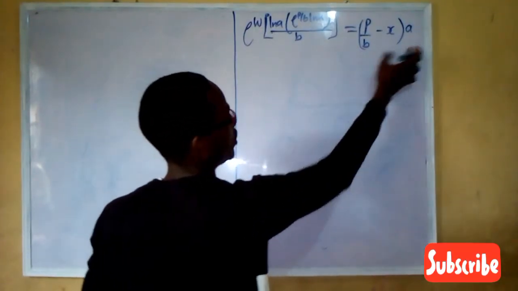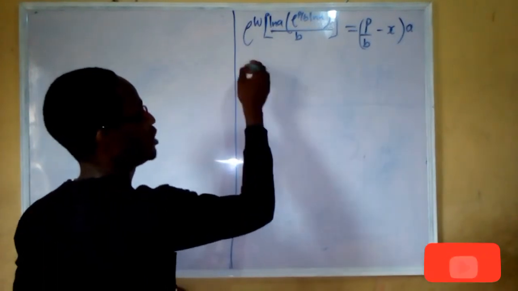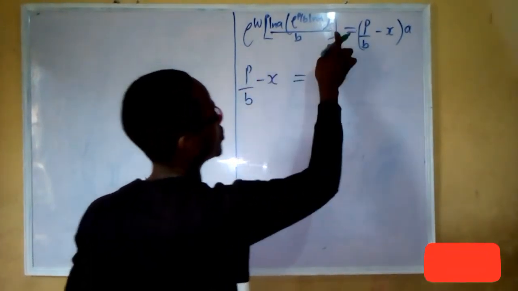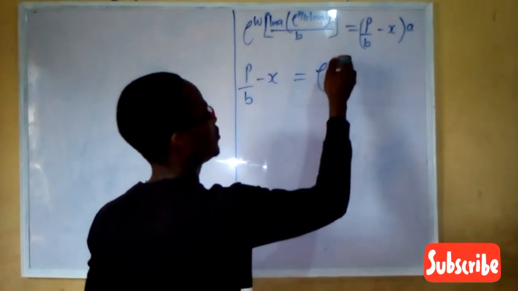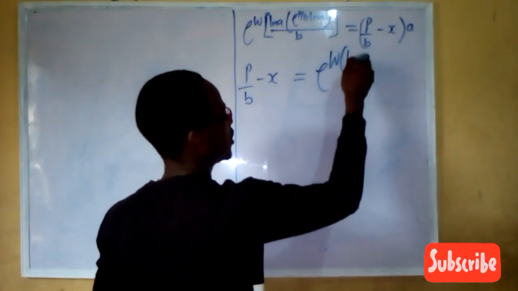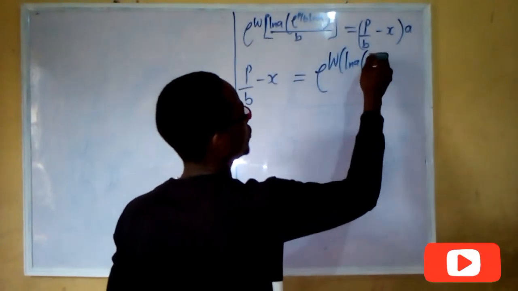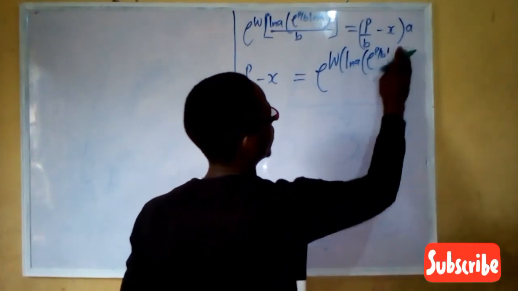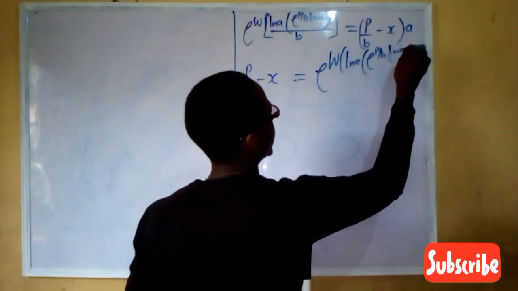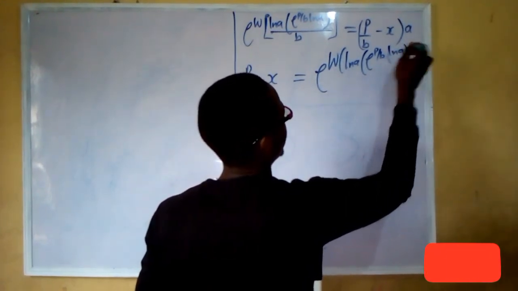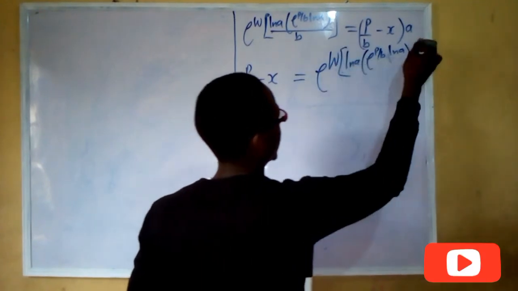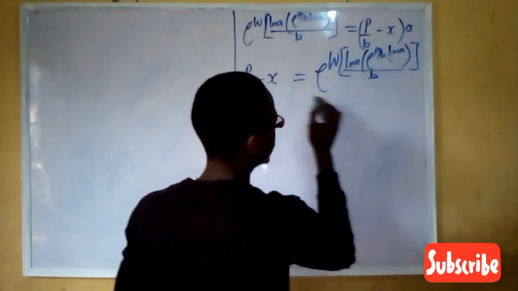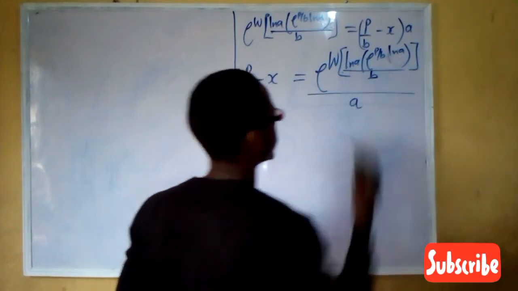To get the value here, we have to divide both sides by ln a, so p all over b minus x will be equal to this all over ln a, so we have e raised to power the W function of ln a times e raised to power p all over b ln a, plus, let's make use of the square bracket like we have been doing, this all over b, then all over ln a.